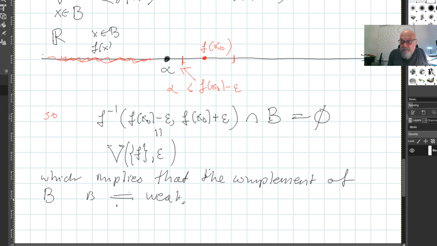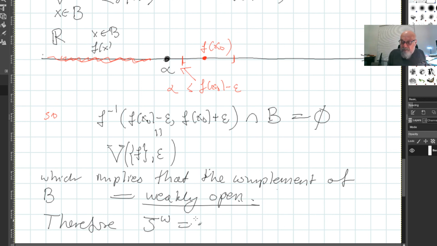So we completed the proof, therefore the weak closure of B must be equal to B, and we got it.